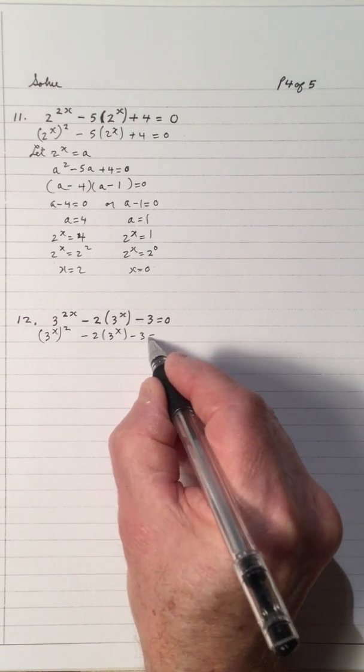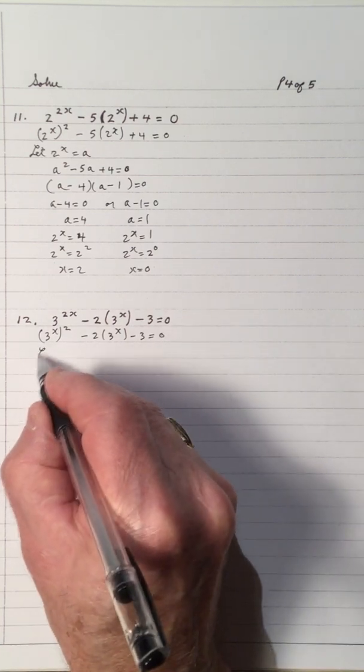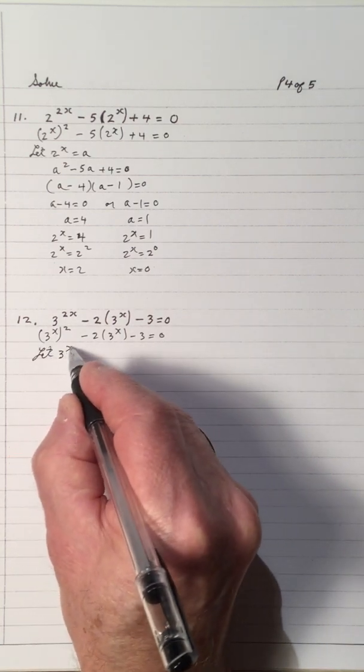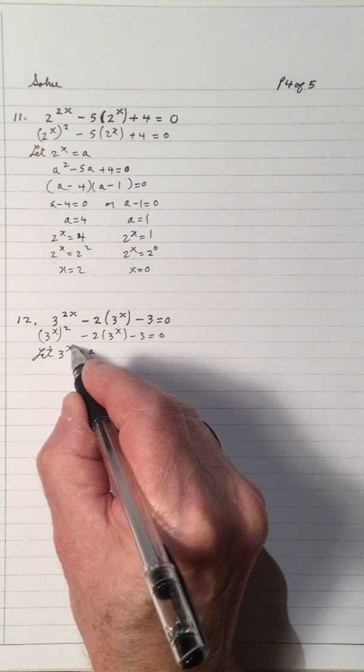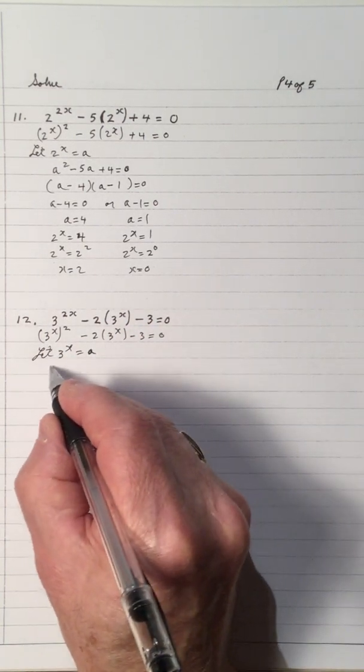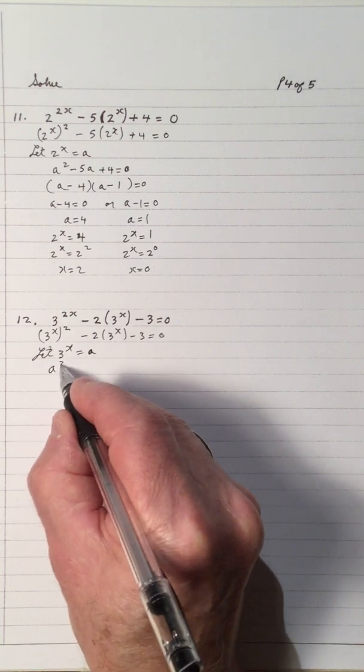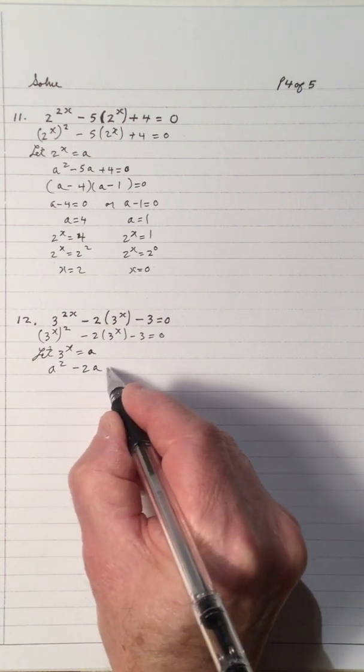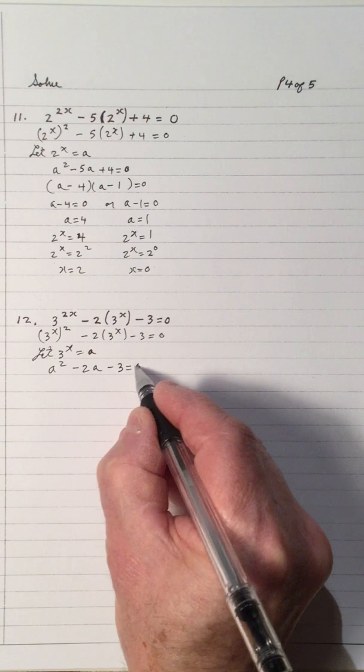Now we let 3 to the x equal a. You could let it equal y or w or any variable. I'm just picking a. So that makes it a squared minus 2a minus 3 equals 0.